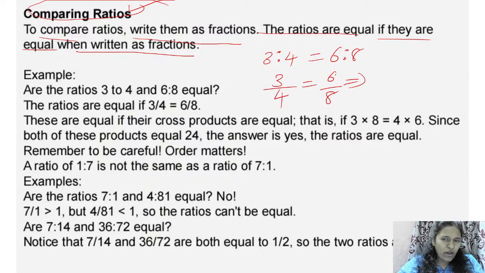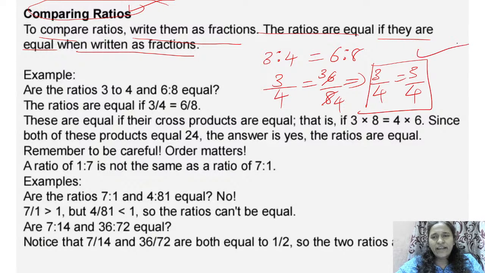Are these two equal? We can divide by the table of 2, 2 threes, 2 fours. That means we are getting 3 by 4 equal to 3 by 4. Is it true or not? It is true. That's why these two ratios are equal. To compare ratios, we have to write them in the form of fractions.